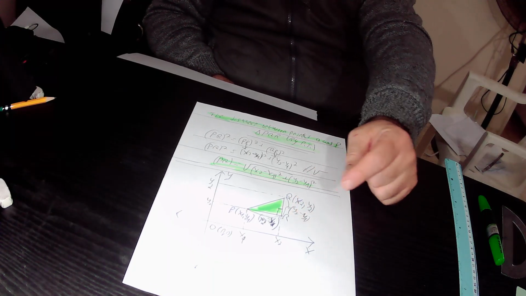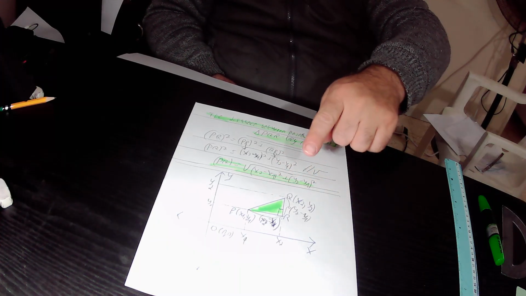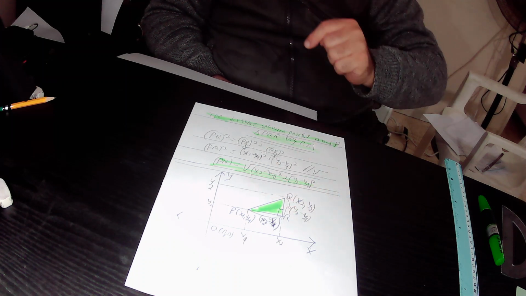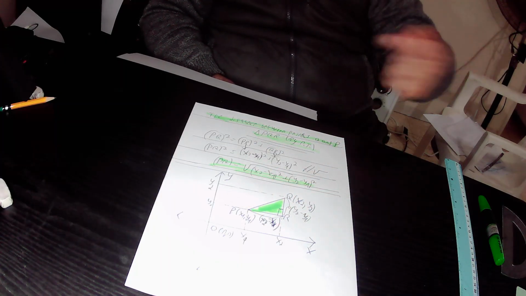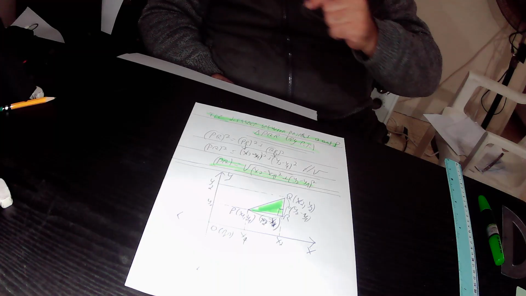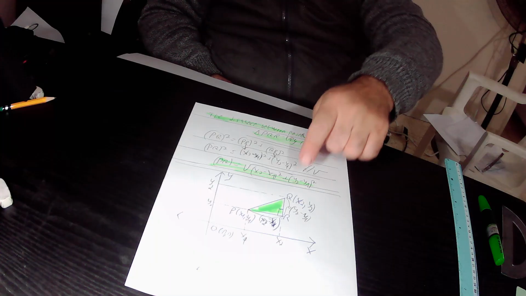What is the length of PR? PR equals x2 minus x1, therefore PR squared must be equal to x2 minus x1 squared. And we have plus QR squared.